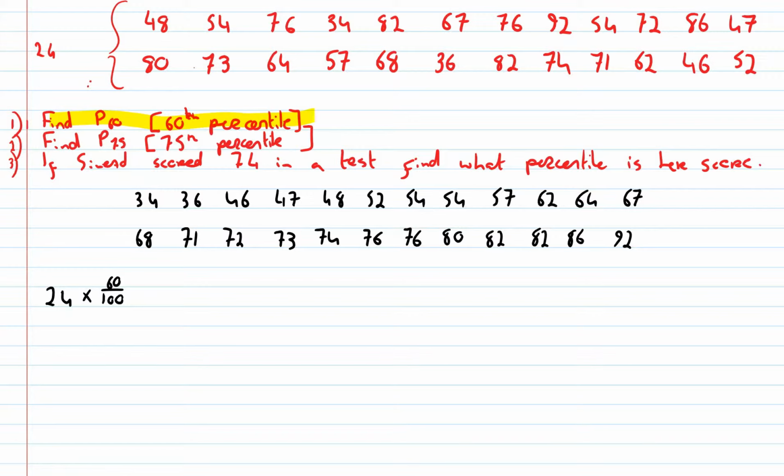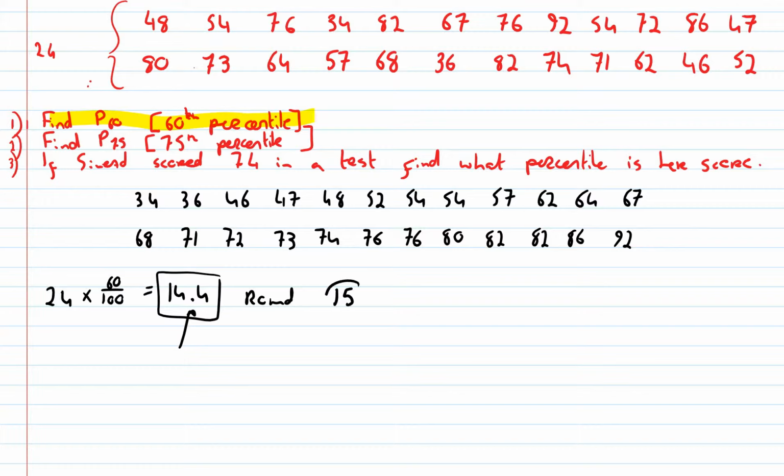If I go 24 multiplied by 60 over 100, it's 14.4. Now here's a rule: if we get a decimal as our answer, we always round up. So even though it's 14.4, usually you would round down to 14 if you're rounding the normal way, but in percentiles we always round up.